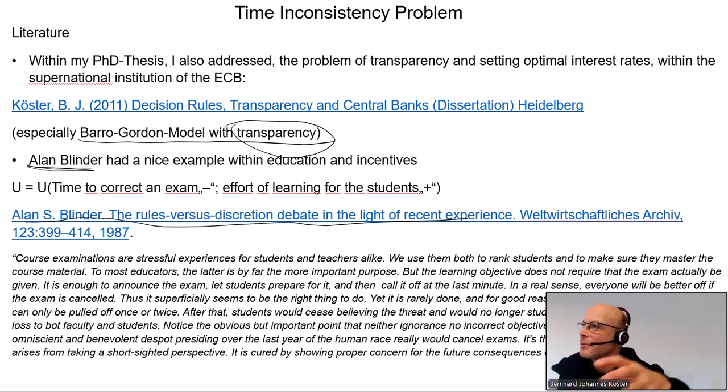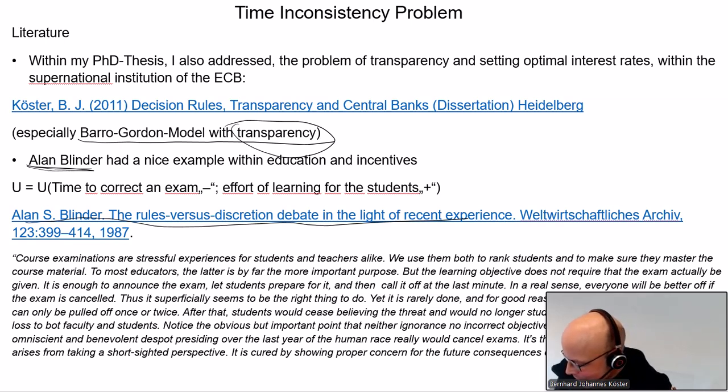But then, of course, we can assume that you adapt your expectations. That you are learning, and the next time, although I have announced that there will be an exam, you assume there will be no exam. And if you assume that there is no exam, of course, you don't learn. And then we are worse off because we have no innovation in our country anymore.